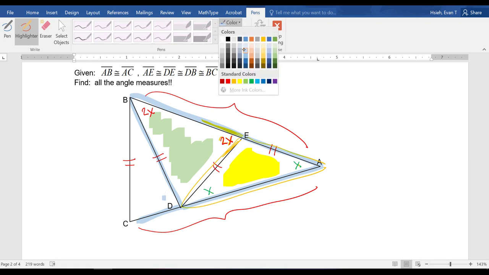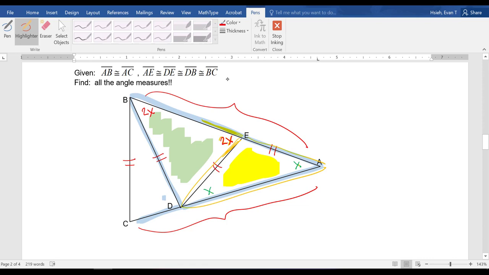So that means that the exterior angle is equal to the sum of the two remote interior angles, that would be this angle and this angle. So this exterior angle is equal to 3x.